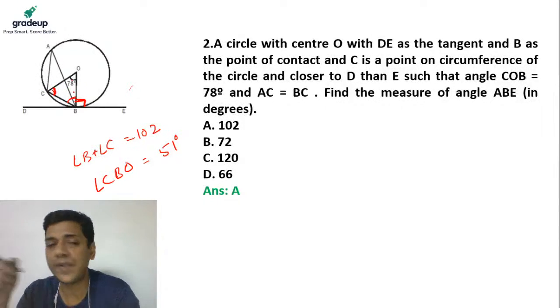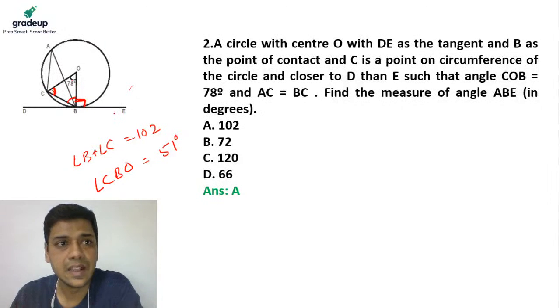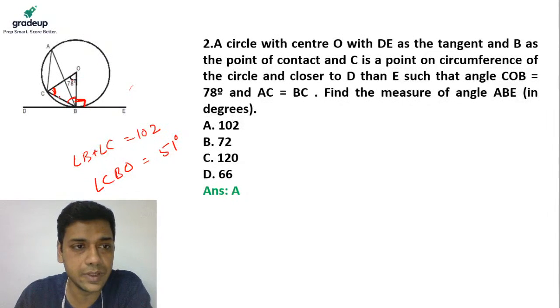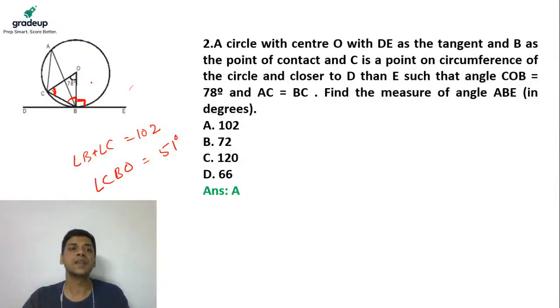Why? Because the sum of angles of the triangle is 180, out of which this is 78. So these two will be 102, and these two have to be equal. Why? Because OB and OC are radii. So can I say angle CBO equal to 51 degrees?